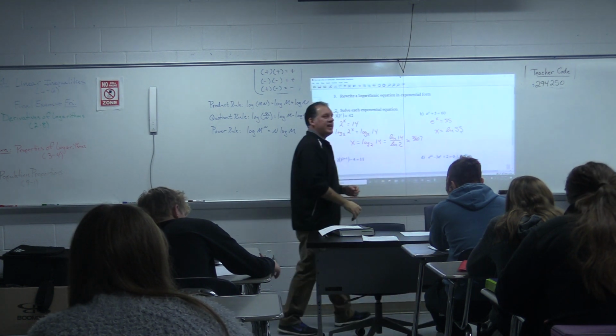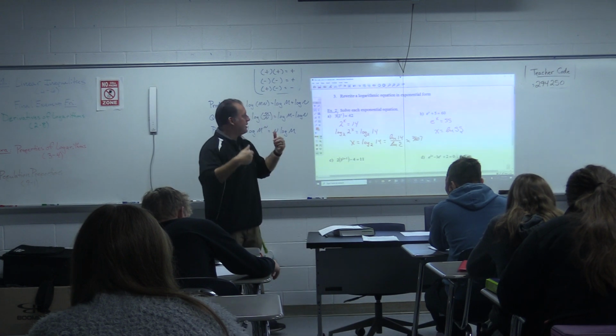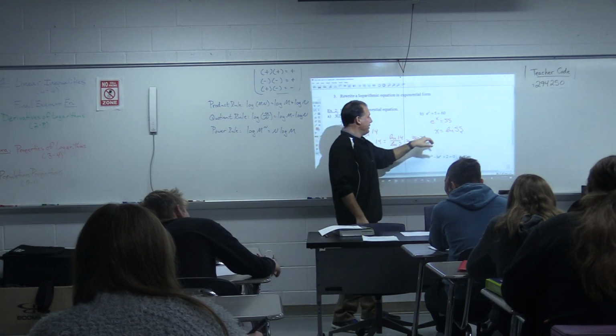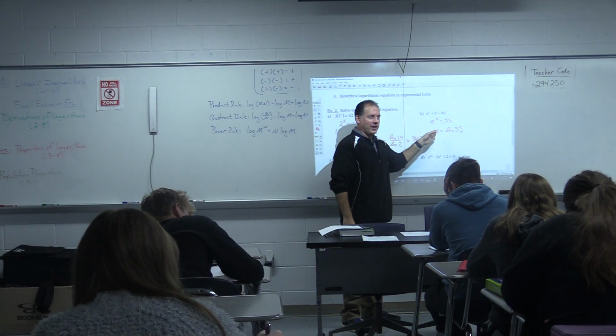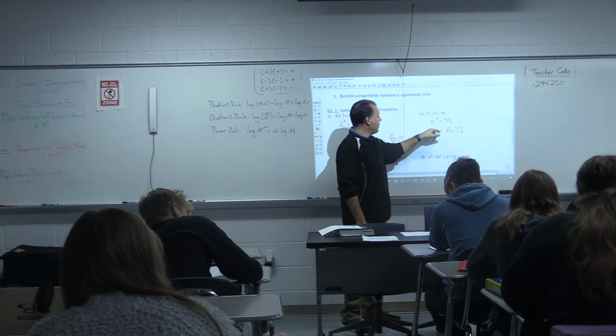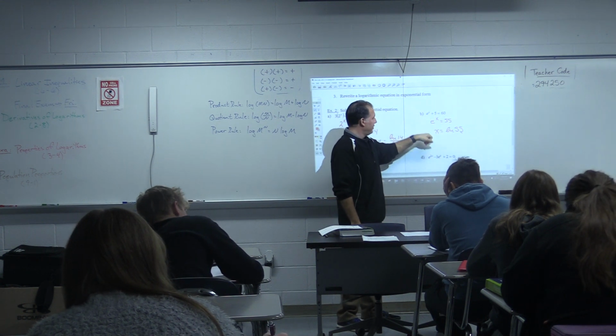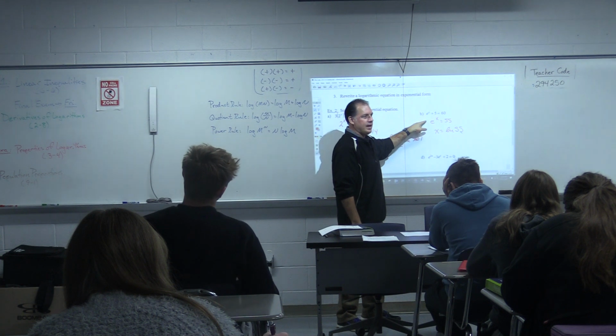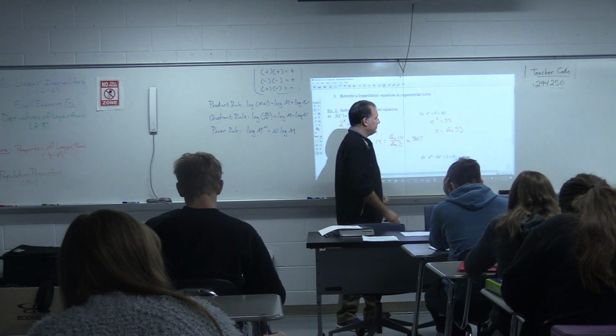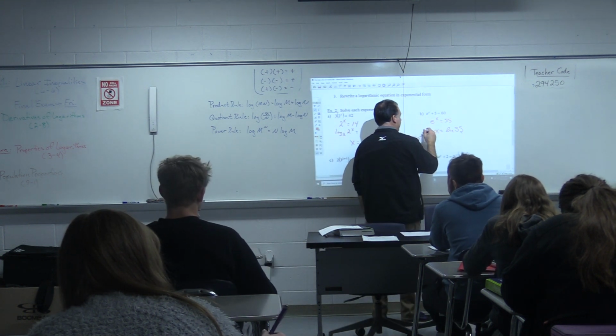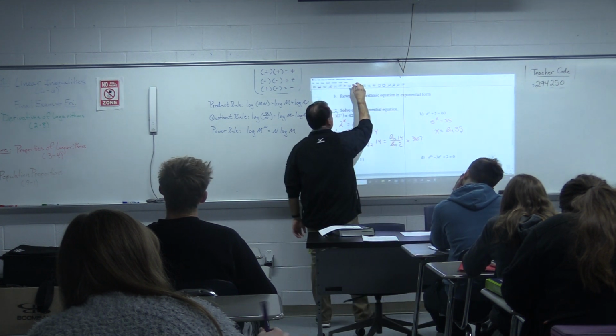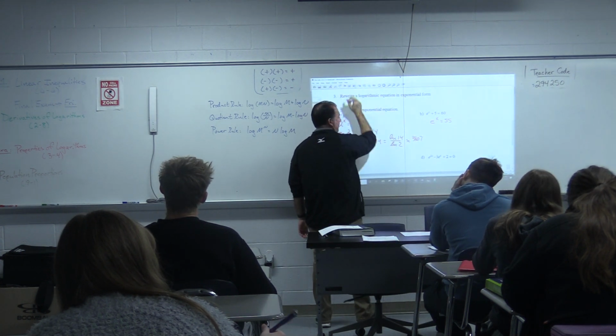Eventually, once you get that down, some of you may start streamlining things. Here I took the natural log of both sides, and the natural log of e to the x is just x. But if you need to, write in that extra step.